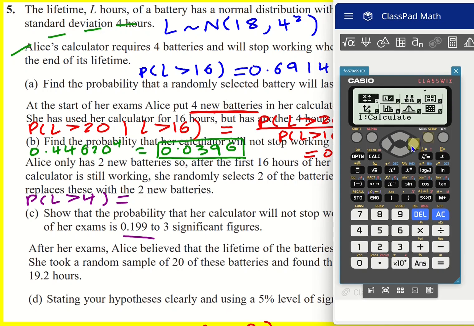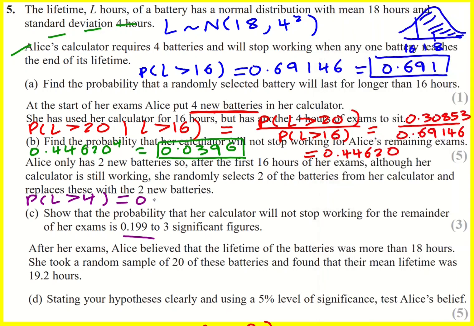Back to distribution. Lower is now 4. We get 0.999767.